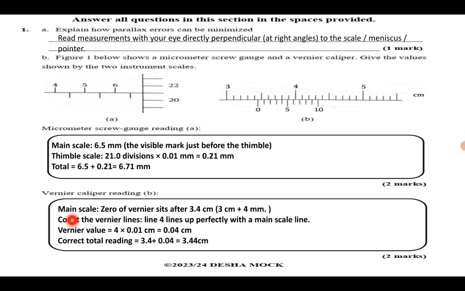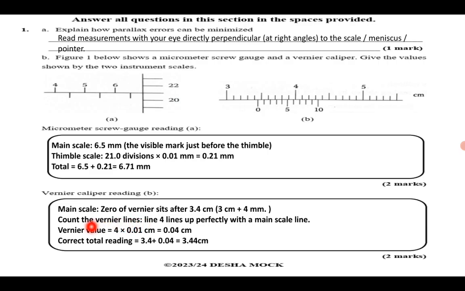All right. So count the vernier lines, and you find that line 4 is right here. You start counting 1, 2, 3, 4. So line 4 lines up perfectly with the main scale line right here, where the two are facing each other side by side.